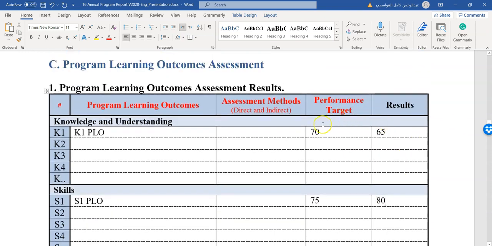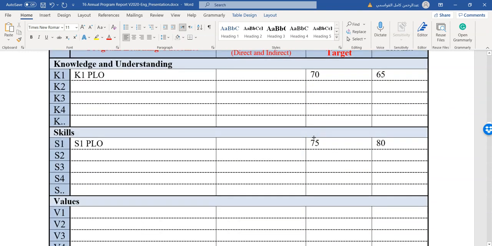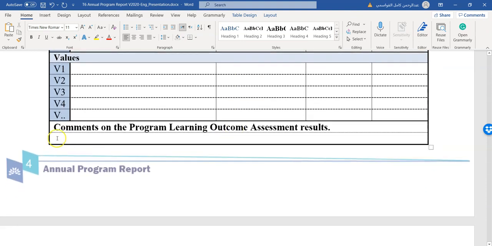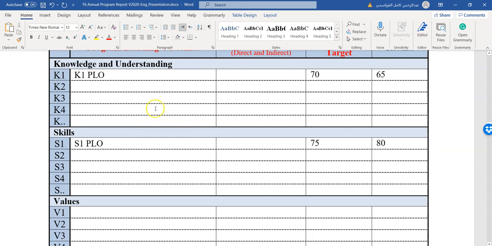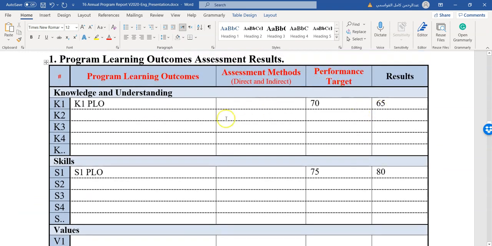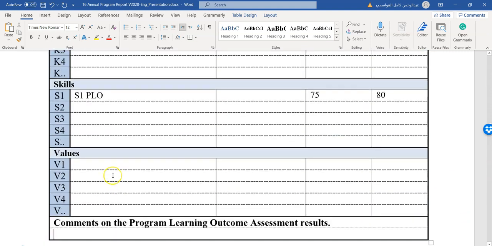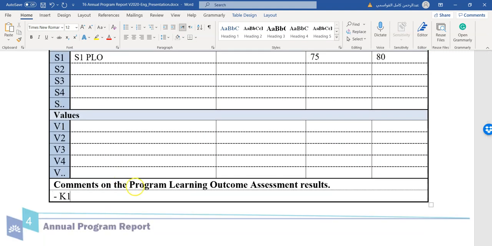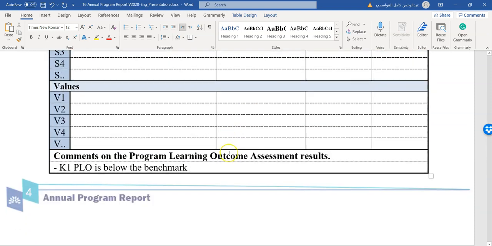Based on the results and the performance target, you have to write your comments here about every program learning outcome that is below the performance target. For example, if you want to comment, K1 PLO is below the benchmark or below what we call the performance target, it is better to use the same terminology, performance target, and you can write your comment.